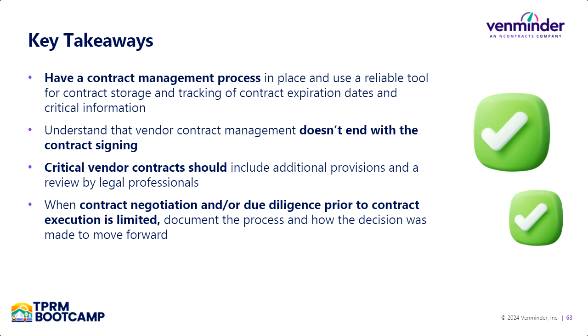Those critical vendor contracts should include additional provisions and very likely be reviewed by those legal professionals, especially if you are engaging with a non-U.S. vendor, or it's an extremely critical process that has such a significant impact on your business that you want to just make sure that it is buttoned up as tight as it could be in the event of kind of default or disruption with that business.